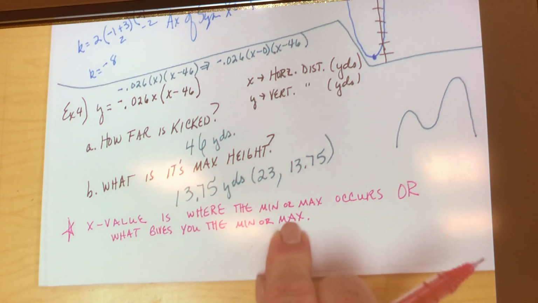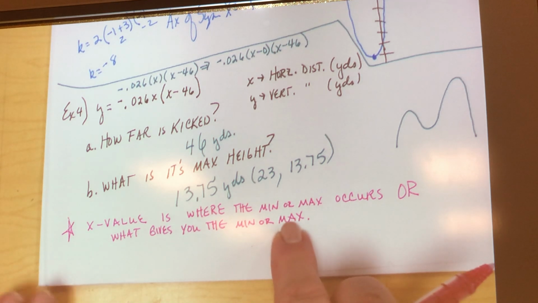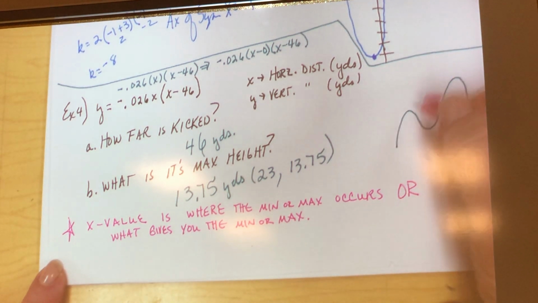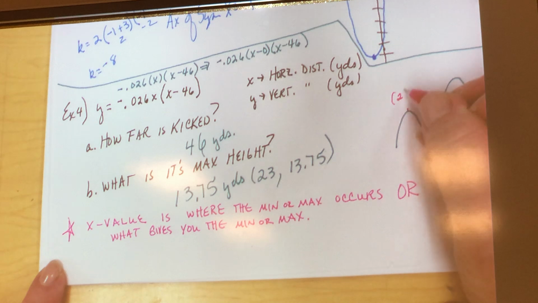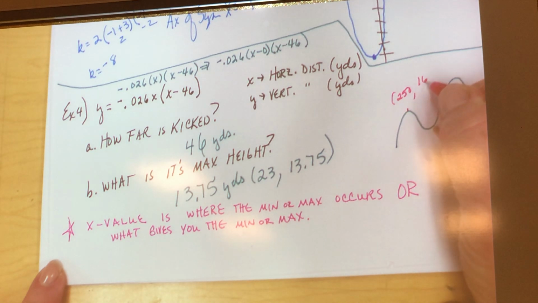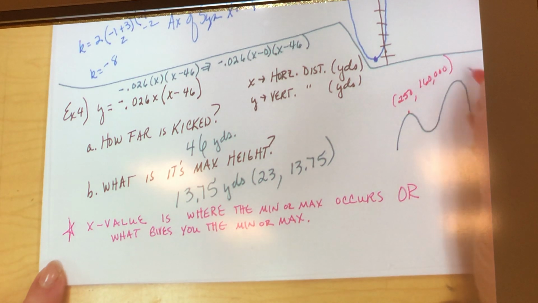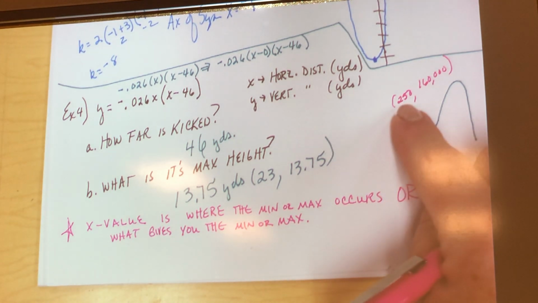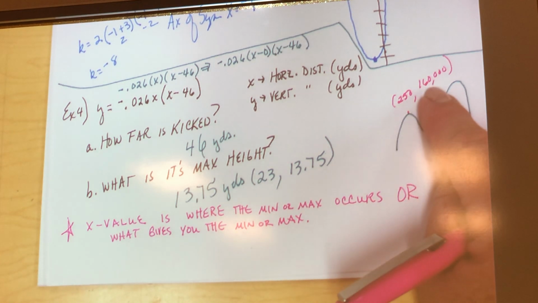Let's say that you graphed the equation that represented your profits, and the vertex point was 250, 160,000. That says that we need to make 250 bicycles in order to maximize my profit to 160,000. Do you understand?